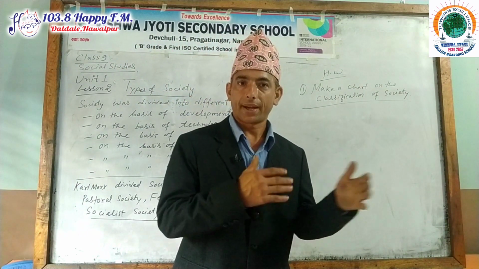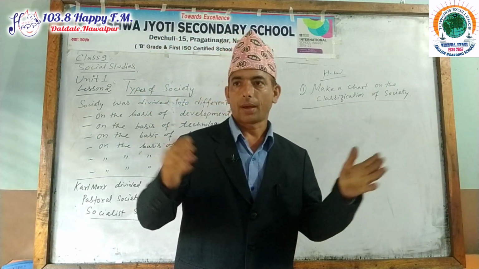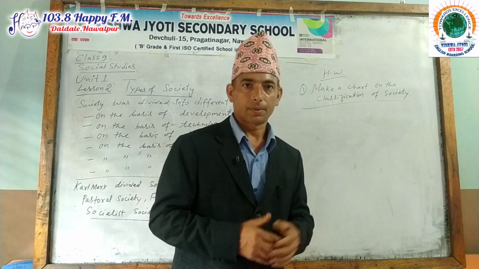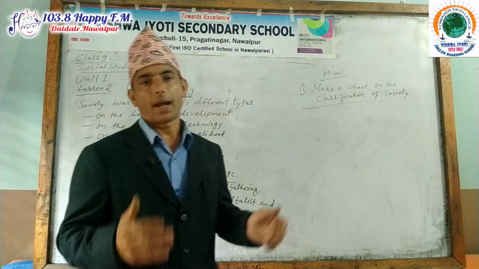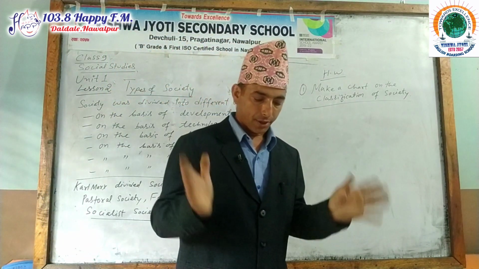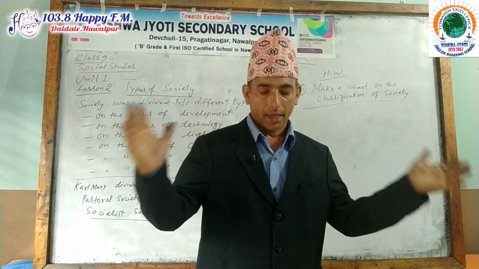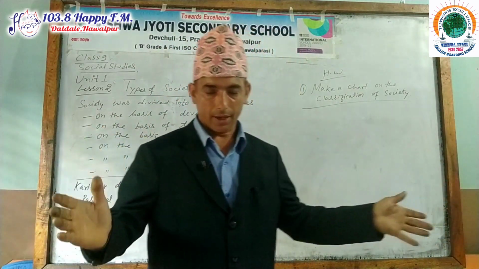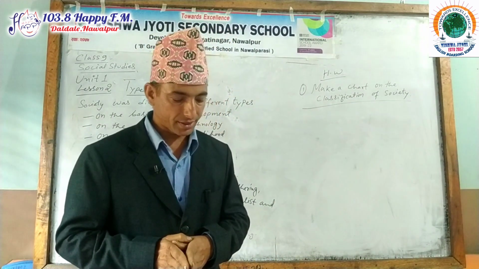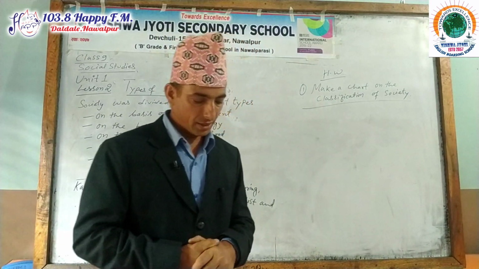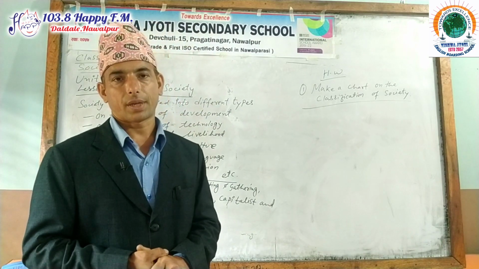Industrial society develops industry of different types, small scale, medium scale, or large scale. Pastoral society is an economic system based on raising animals, animal husbandry. And socialist society is where the means of production, distribution and exchange are owned by the community collectively.